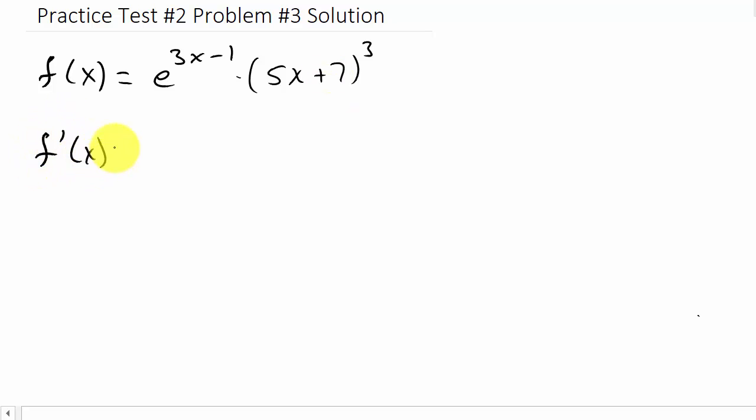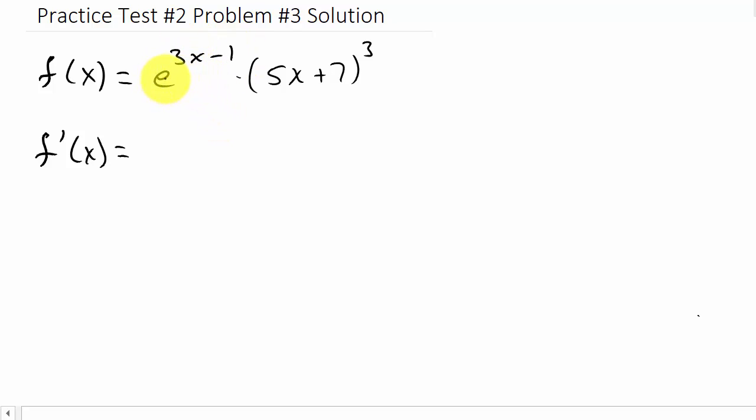So f prime of x is equal to, remember the product rule is the derivative of the first function times the second function plus the derivative of the second function times the first function. So let's take the derivative of the first function.